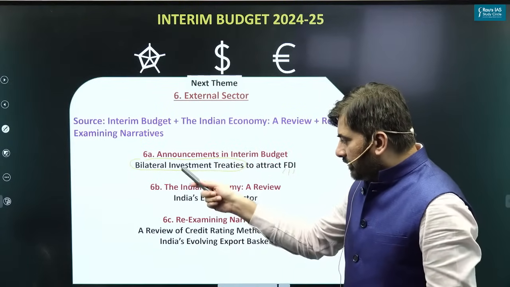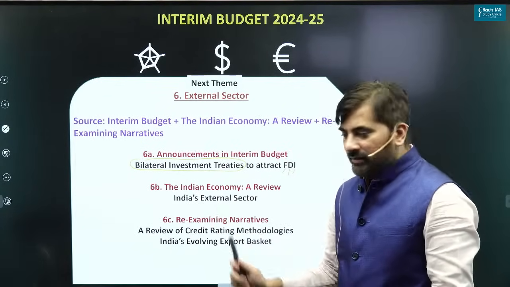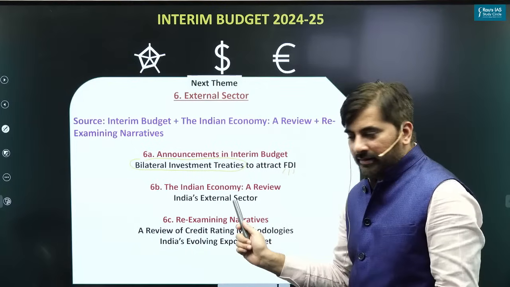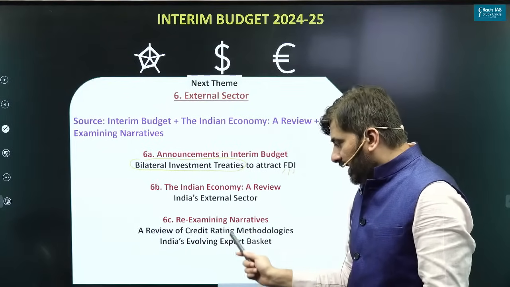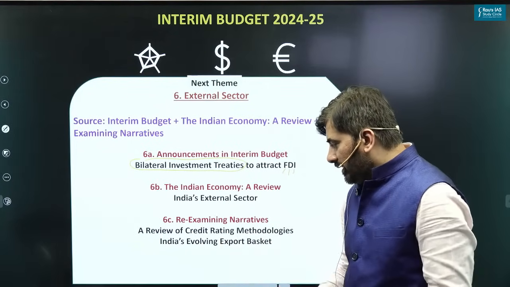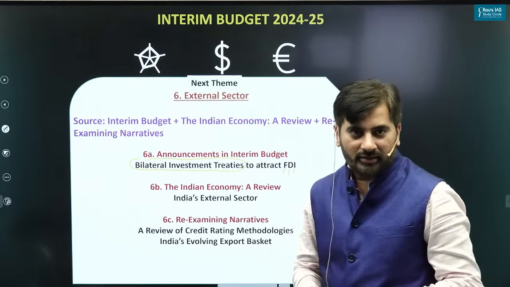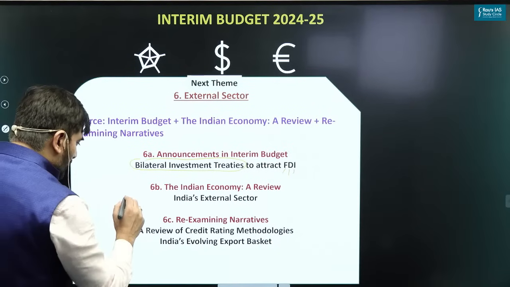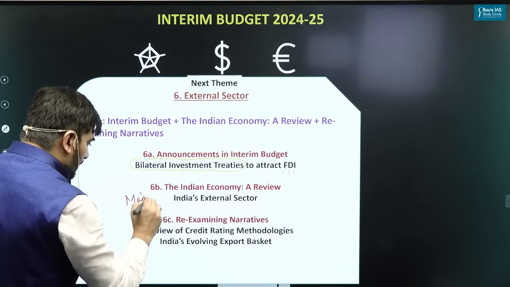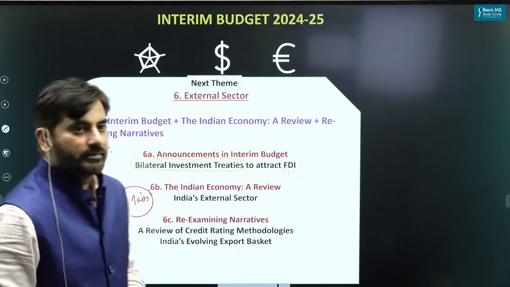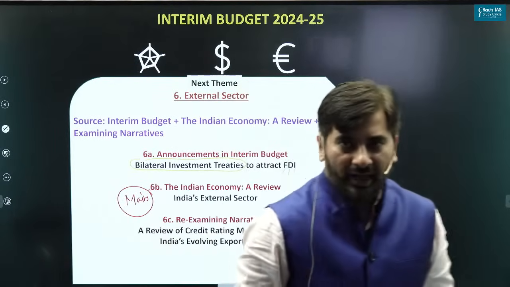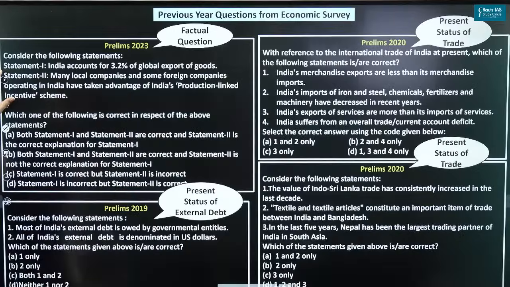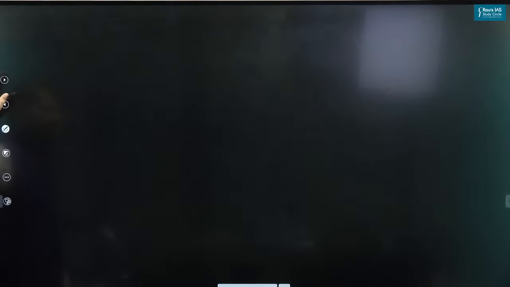As far as these two things are concerned, the Indian economy review, that is India's external sector, and re-examining the narrative, which is a review of credit rating agencies, these two things are actually more important from the perspective of mains. So to make your job easier, I've incorporated the details here.